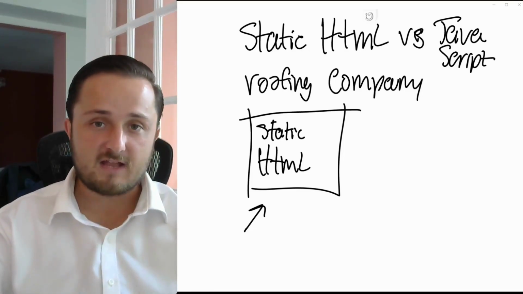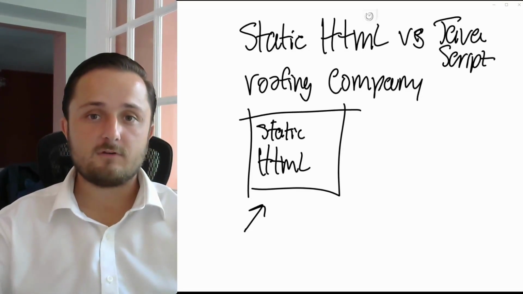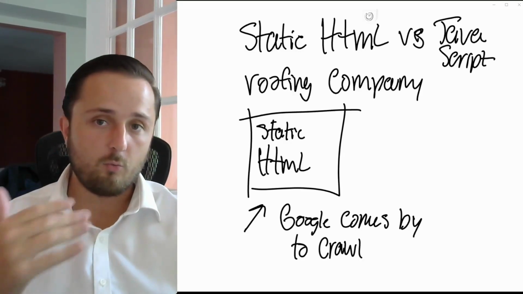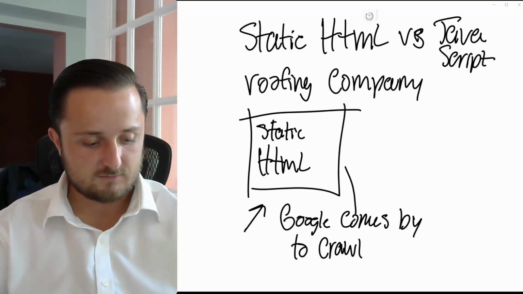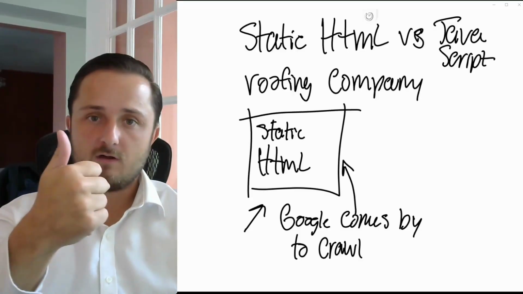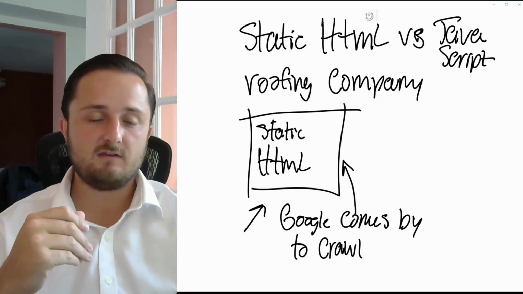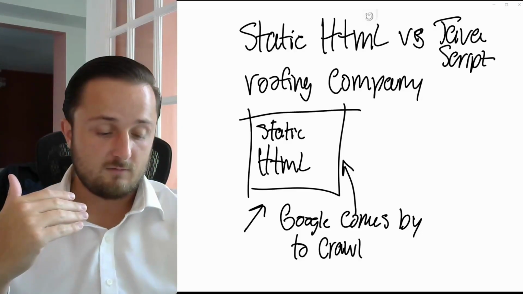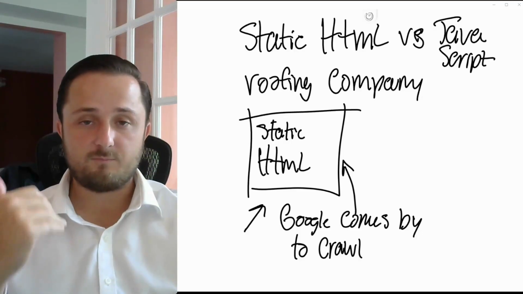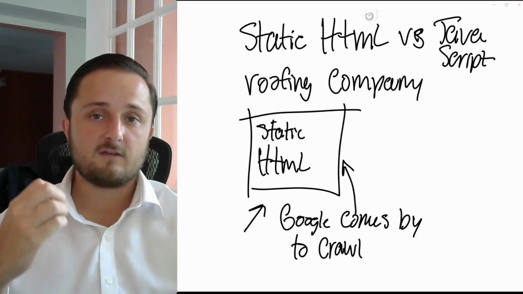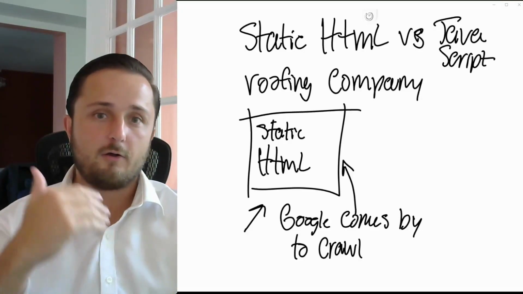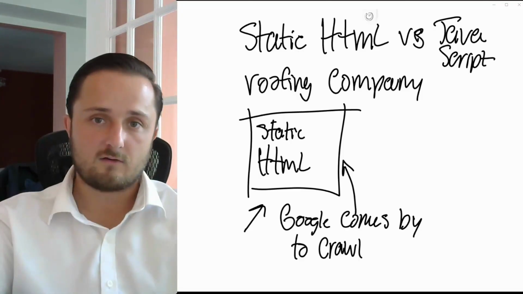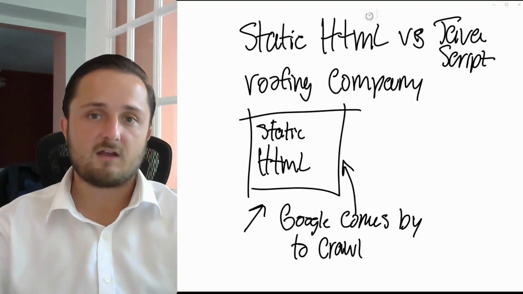So if you're static HTML, every time Google comes by to crawl, it will always see the content on your page. It will see all of the SEO on-page optimization you've done. It will see everything that you've written, the content about your company, how long you've been doing this, the owner's name, etc., right? All your testimonials, all of your reviews, all of your photos, etc. It will see all of that content.